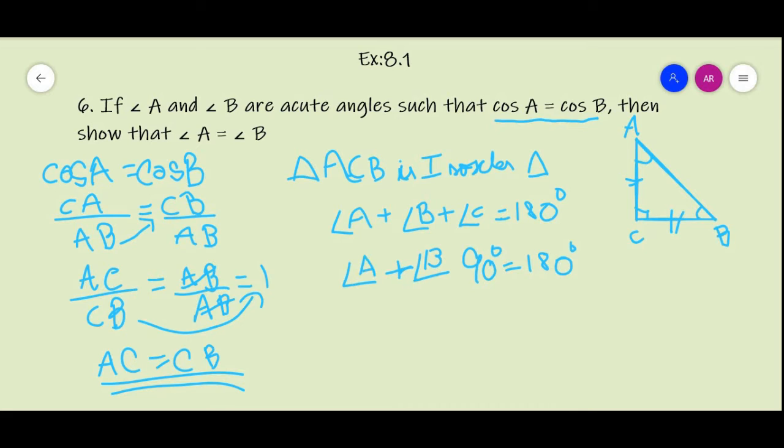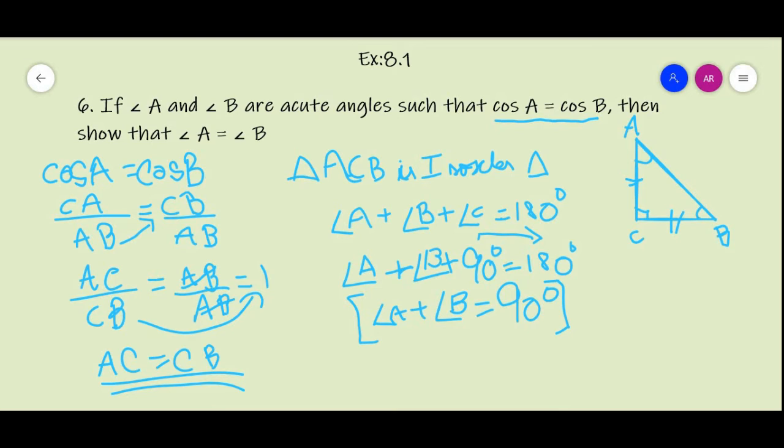So you will know why we are doing all this. And then if I take this 90 from this side to this side, we can say that angle A plus angle B will be equal to 90 degrees, right? So these two angles sum up to 90 degrees.